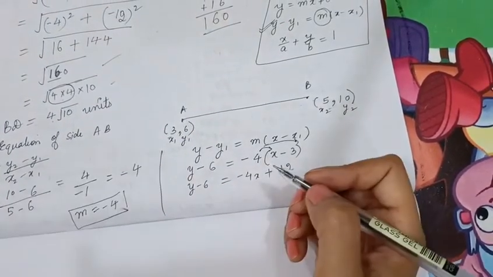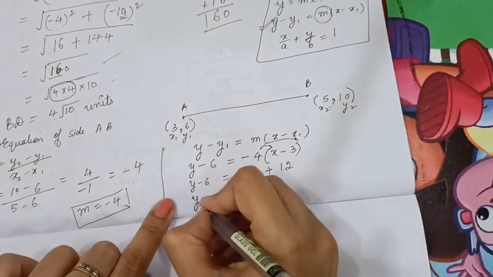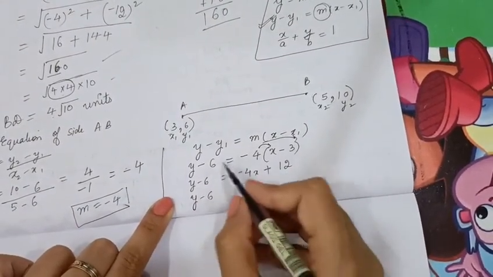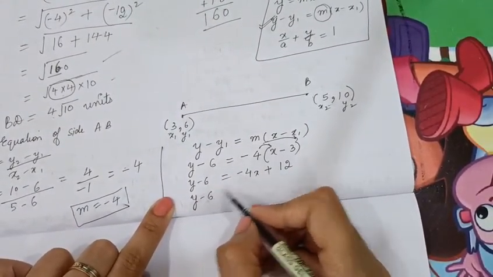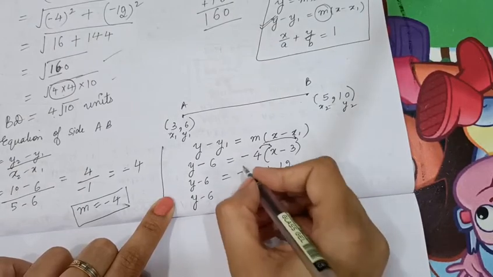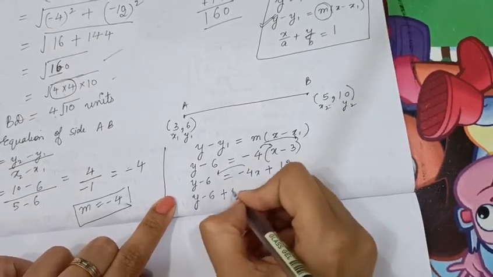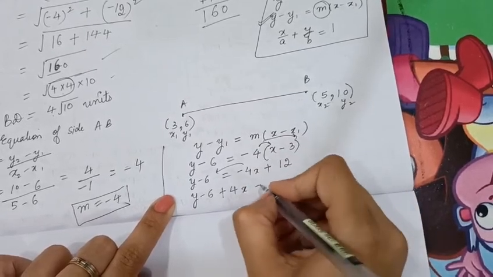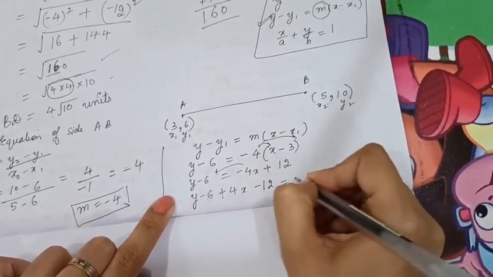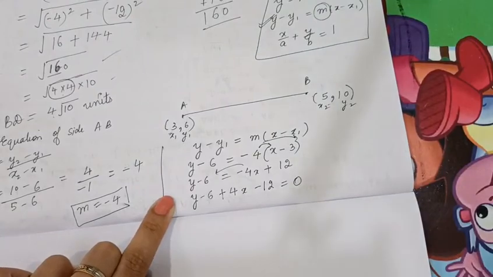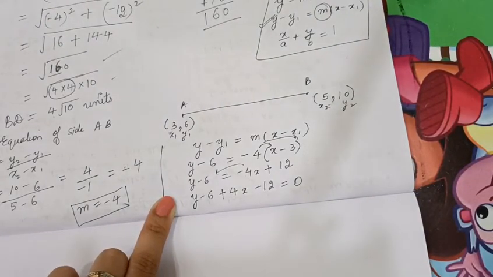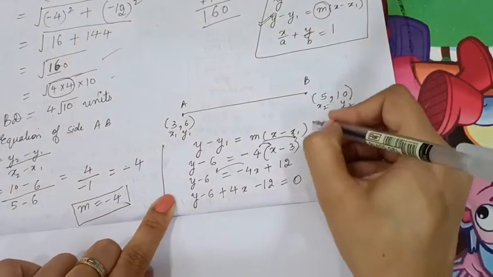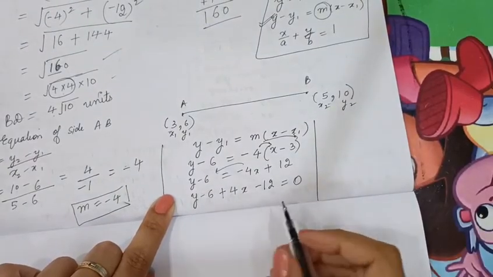Now everything we will shift to the same side. So y minus 6 is already there. I am just writing it as it is. This minus 4x, when we shift it to the other side, will change to plus 4x. Plus 12, when we shift it to the other side, will change to minus 12. On the other side nothing is there, so we write 0. Now like terms we will write.